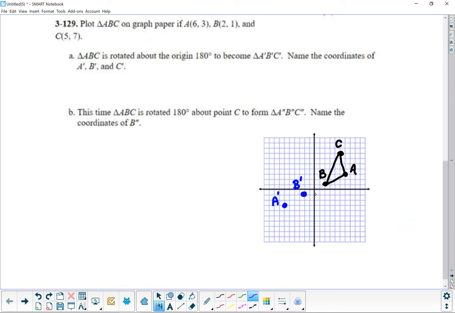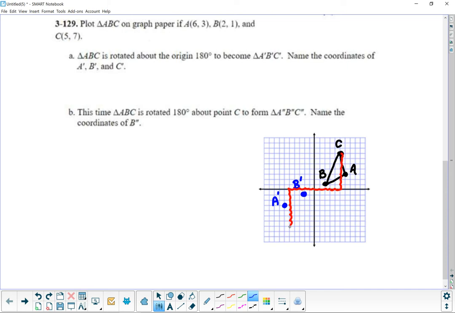The point C is going to be 1, 2, 3, 4, 5 to the right, and then up 1, 2, 3, 4, 5, 6, 7. Okay, 180 degrees rotation would be to the left 5 and to the bottom 7. So 1, 2, 3, 4, 5, and 1, 2, 3, 4, 5, 6, 7.